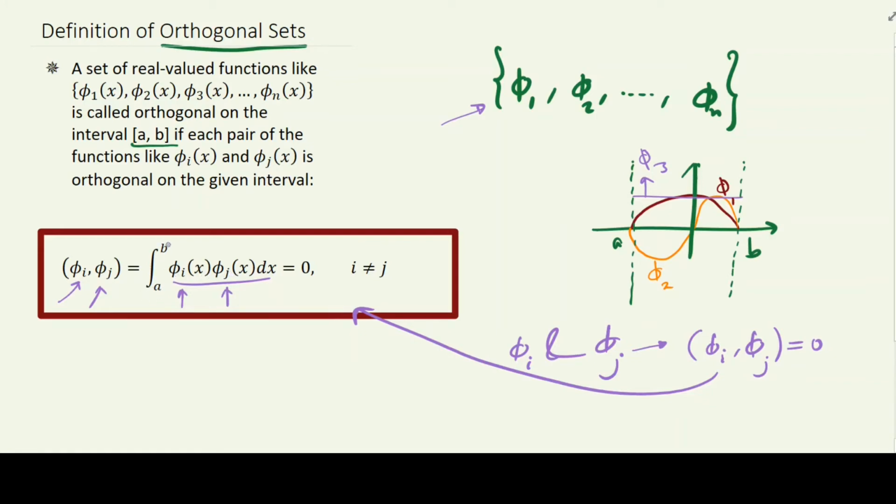And if that integral equals 0, that means that the inner product of phi i and phi j equals 0. And if you have the same 0 inner product for any pair of functions that you have in your set, then that set is going to be orthogonal.